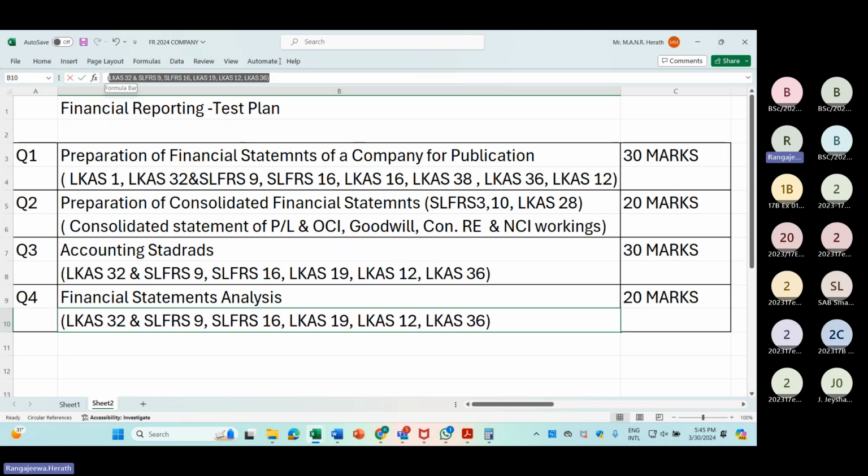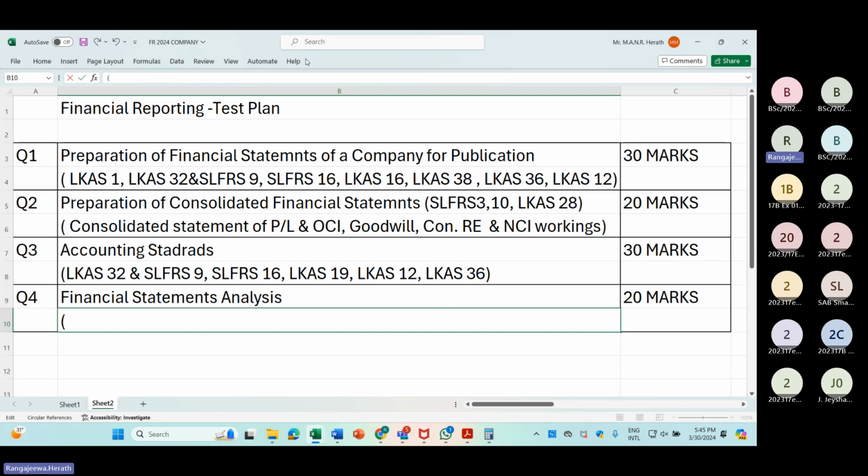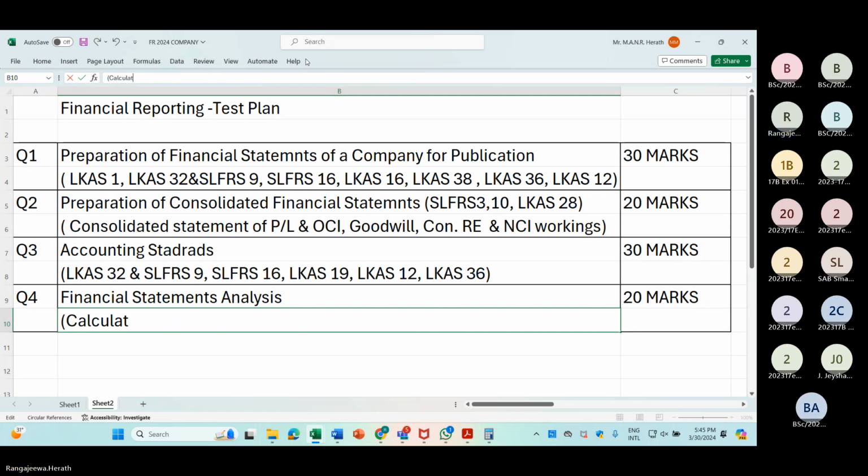So financial statement analysis, we discussed different types of ratios: profitability, liquidity, working capital management, then long-term financial stability, and the investors ratios.